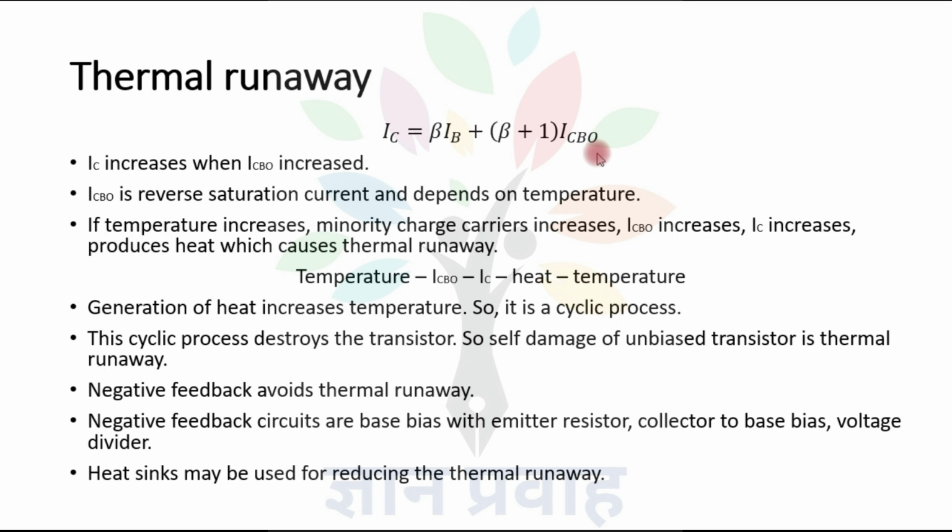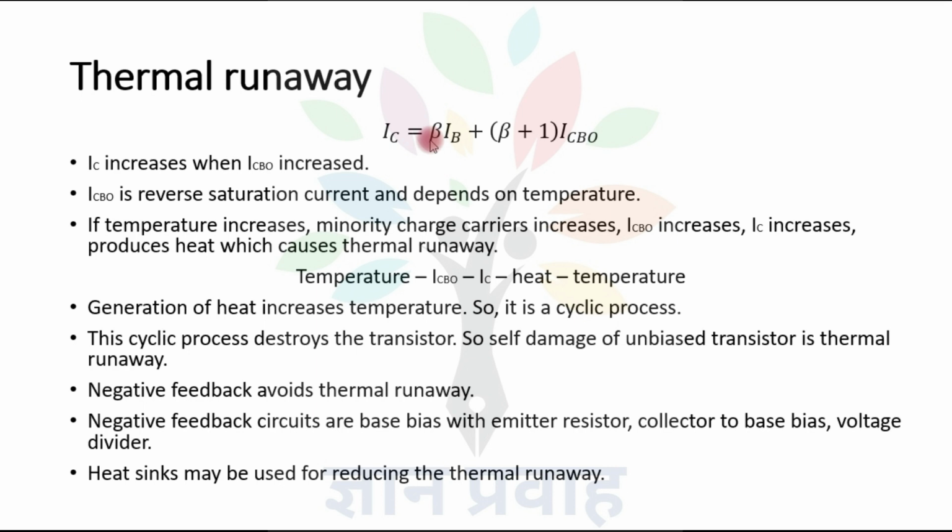It means if any change in temperature is there, it affects IB and ICBO currents. And beta is an unreliable, unpredictable parameter, and its value is different for the same model and same type of transistor.